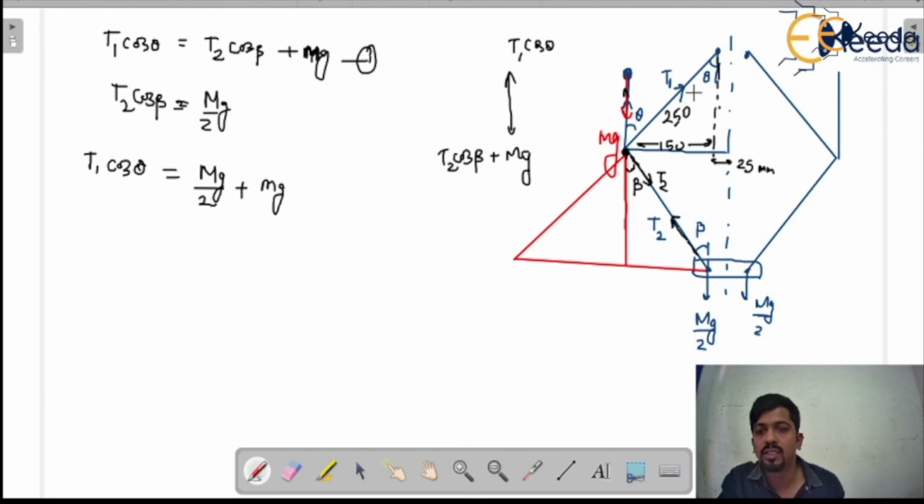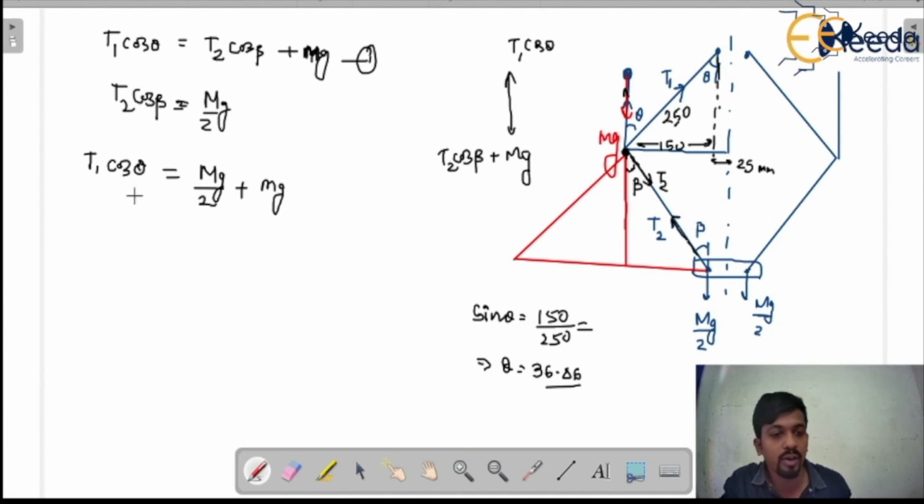Now see, in this triangle you can calculate theta. Sin theta is equal to 150 upon 250, and theta comes out to be 36.86, and cos 36.86 is 0.8.